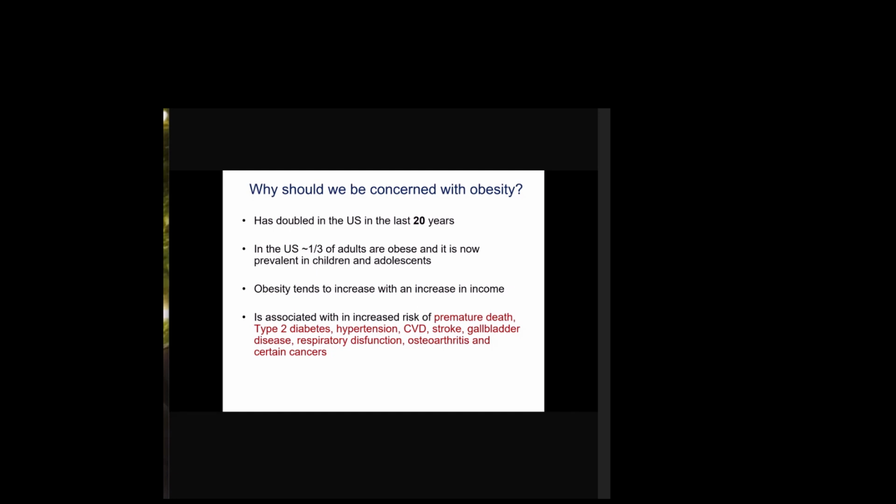And there is an observation that the more money you have, the more chances you become obese, because you can afford foods that are slightly expensive but very high in sugar content and all of that.